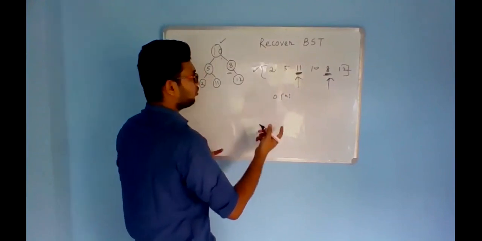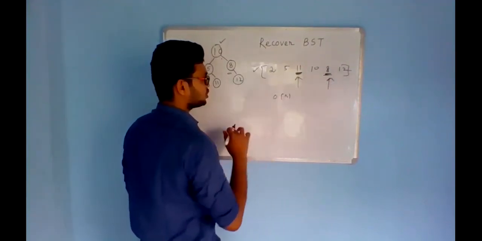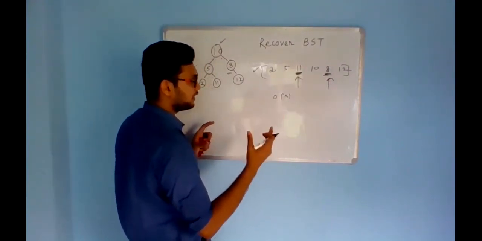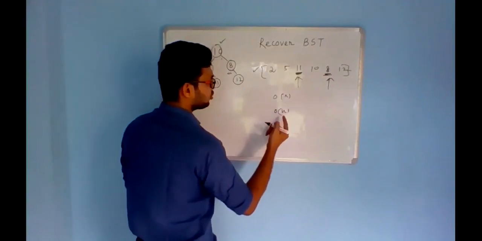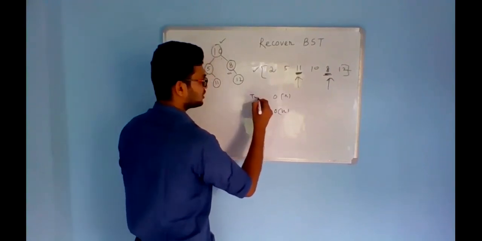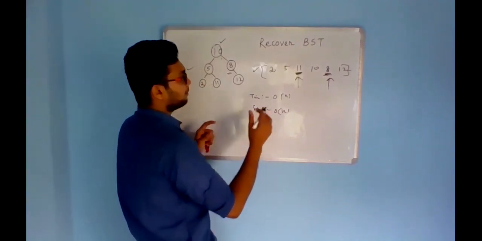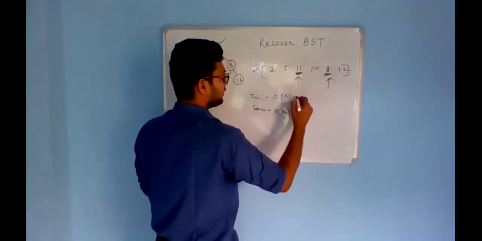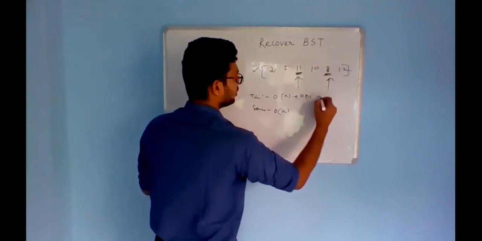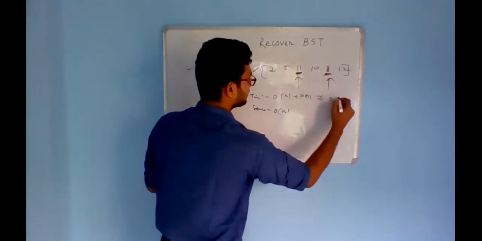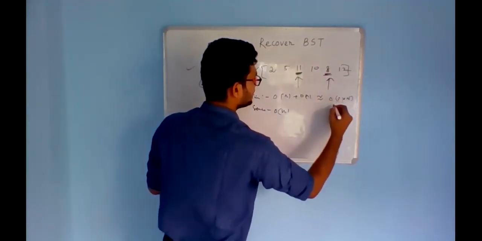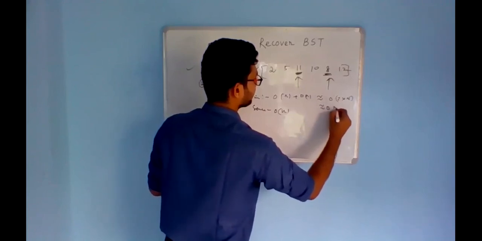And as we all know that we are just storing all the nodes in a container, so the space is order of n as well, right? So this is the time and this is space. To find these two items, it will again take order of n time. So totally the time complexity is order of 2 into n, which is nothing but order of n only.